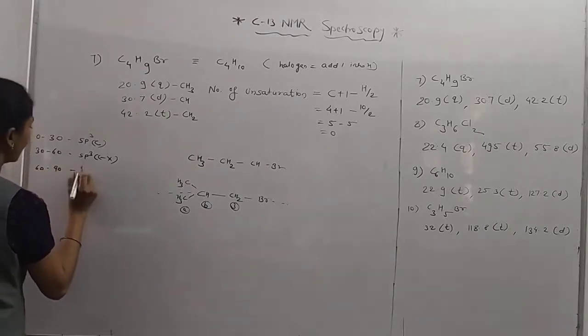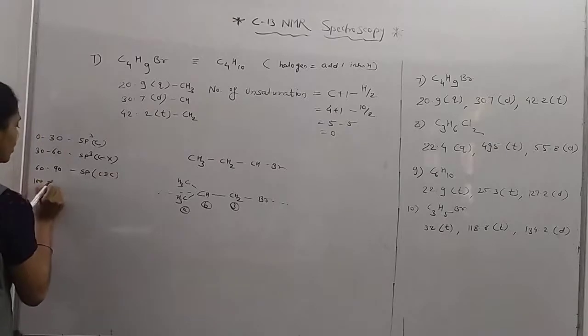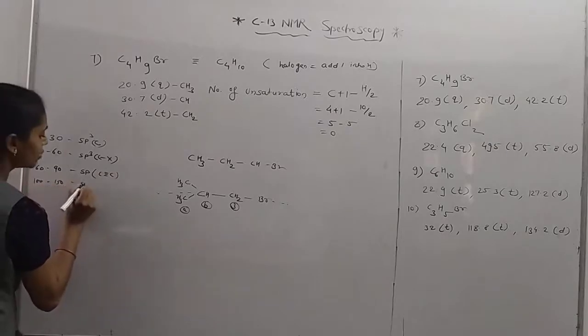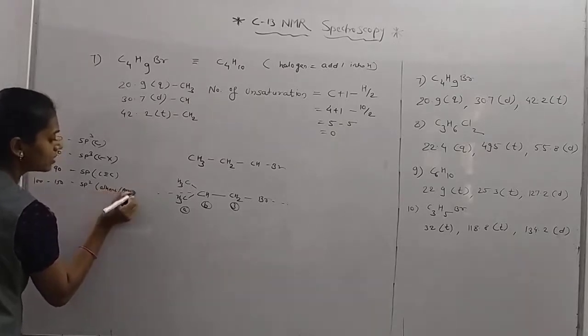That is the alkyne region, sp hybridized. Now 100 to 150 is for sp2 hybridized carbon, that means the alkene or aromatic region.